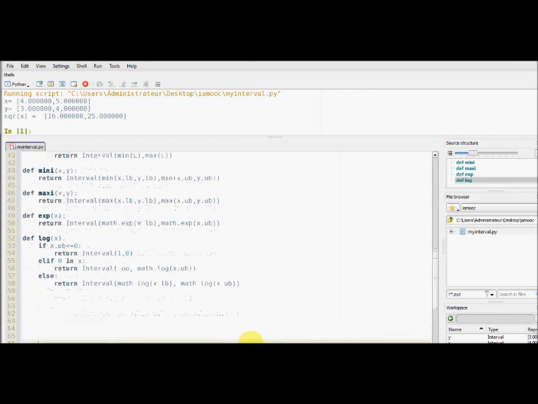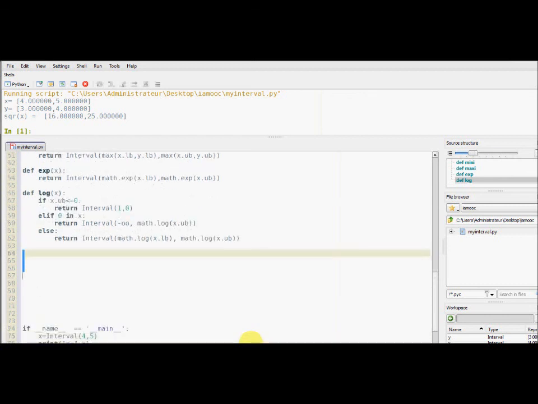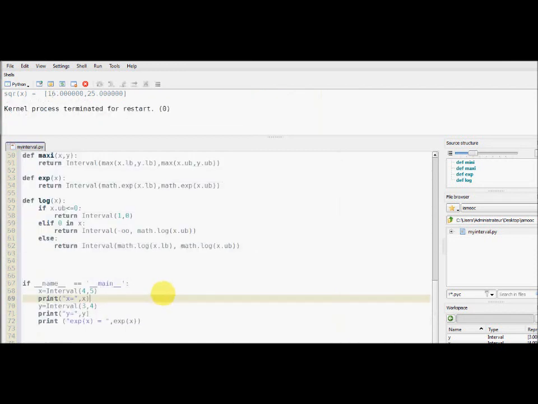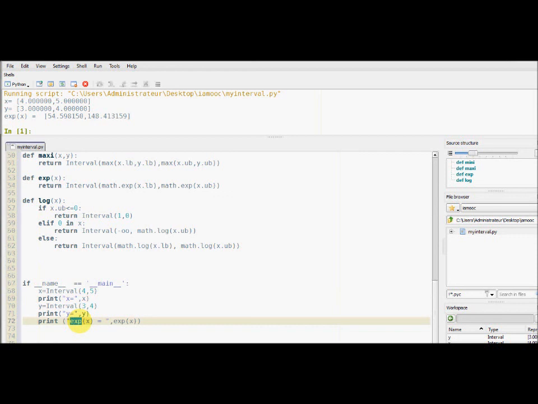Okay. I will check here for its exponential. Okay, it seems to work. The logarithm. So of course I will have to test for different cases with unit tests, but here I check a few of them.